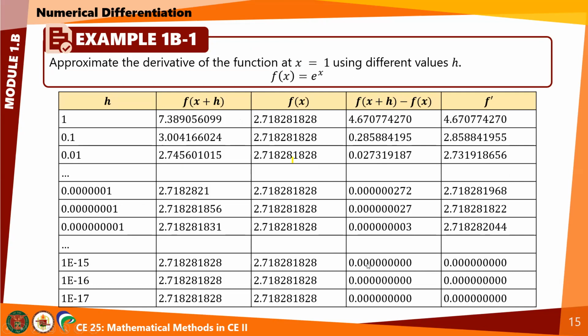The computer can only do calculation at this number of decimal points. So kung masyado nang maliit yung difference nila, hindi na niya mare-record, no? So ang ilalagay niya lang dito 0. So it results to a wrong answer for f prime. So balancing out lang kung ano talaga yung small.